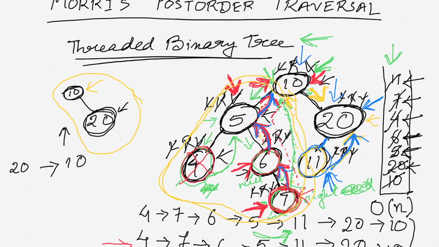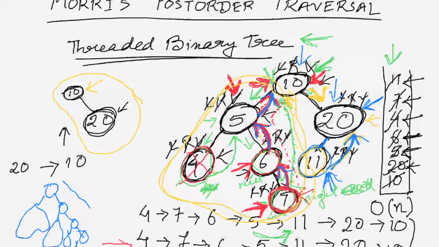So I call them nodes of type root. Say we have a tree like this, and it has its own left subtree, which has its own left subtree, and then its own left subtree. So if this is the root, and this is the right subtree, and this is the rightmost path, all these nodes, I call them of type root.